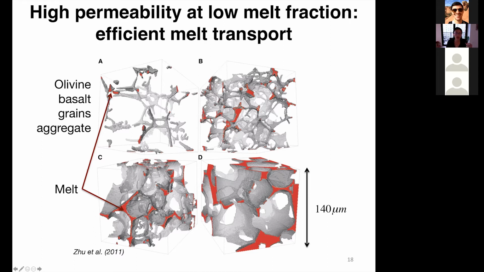From A, I think this is 0.02% melt, and then you have D, which is about 0.2, so that's like 20% melt. The point here is really to drive home that even at very low melt fraction, the melt pore space is very interconnected. So we expect high permeability and therefore efficient melt transport.